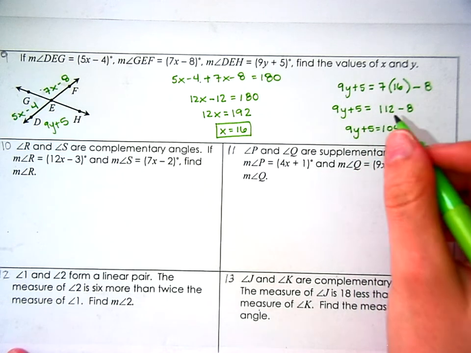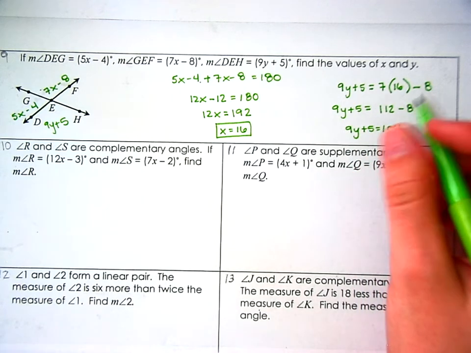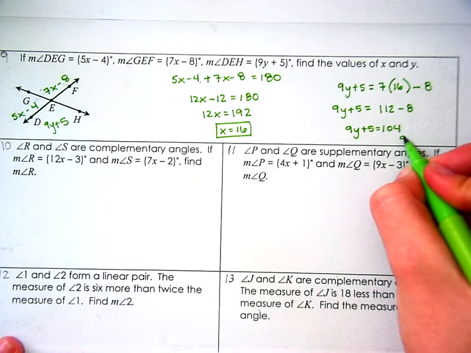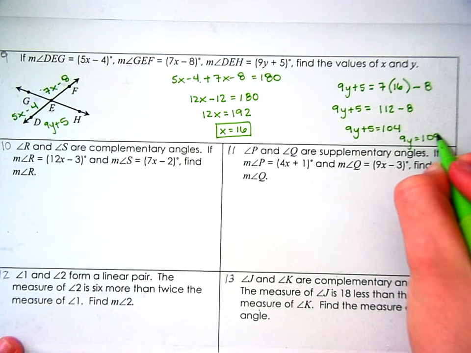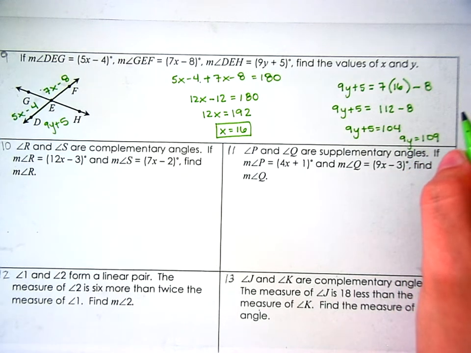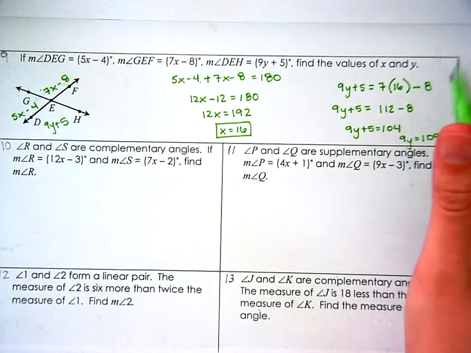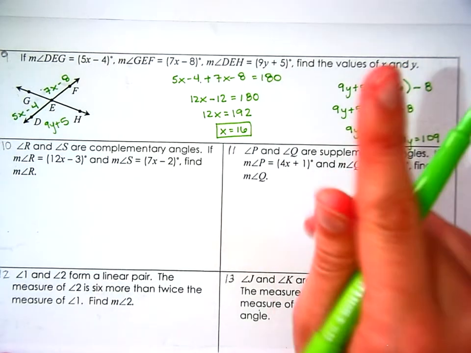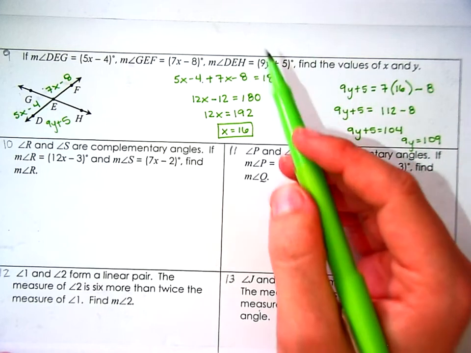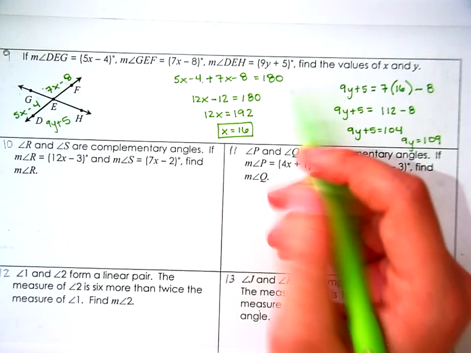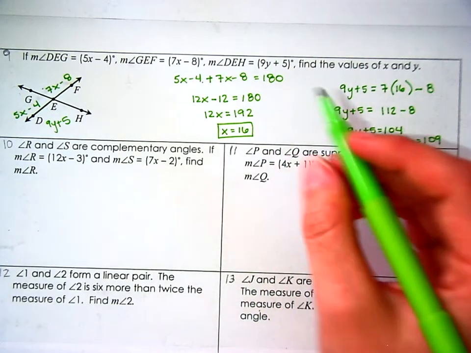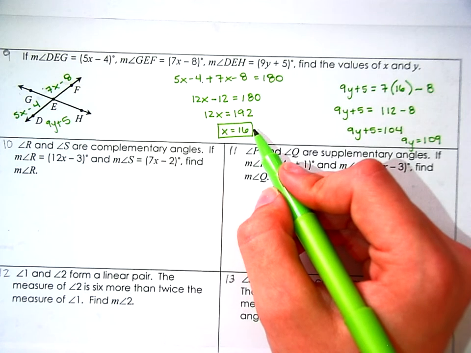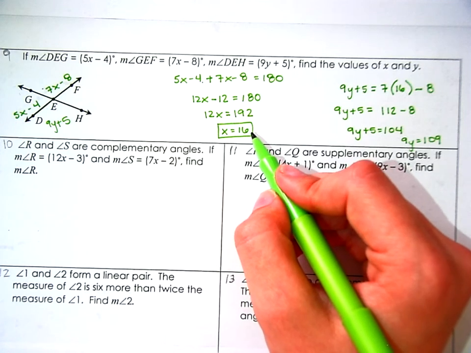If I add 5 to both sides, I've got 9y equals 109. And that does not give me a nice number. Let me see where I made a mistake here. This is good. When we make mistakes, we check our work and see what happens. So let's see, is x 16 here? 192.